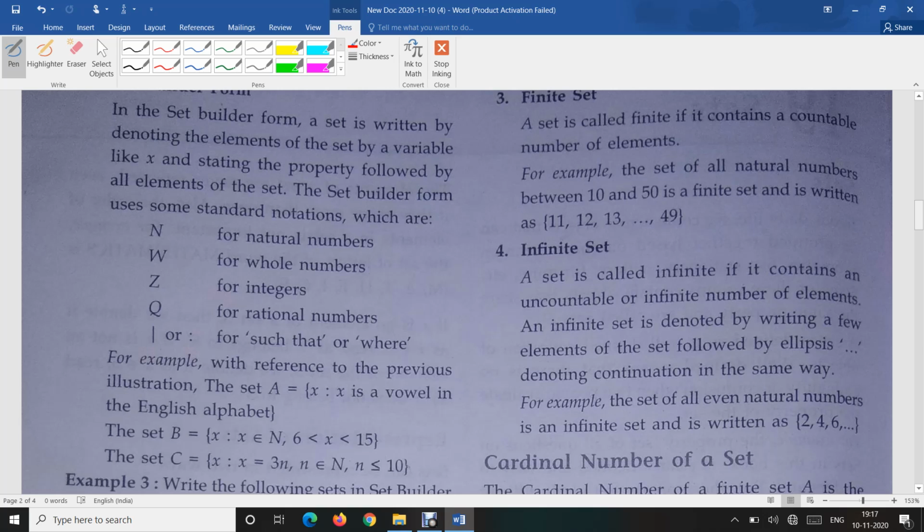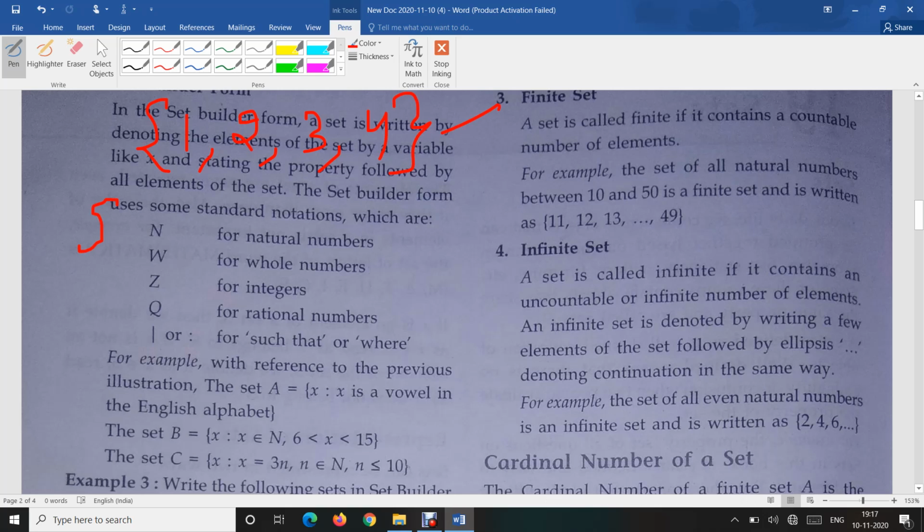So x is a variable here, but we have to know how we can write a roster form set in the set builder form. Suppose we take the same example. We have 1, 2, 3, 4 as elements of this set. So how can we write this set in the set builder form?